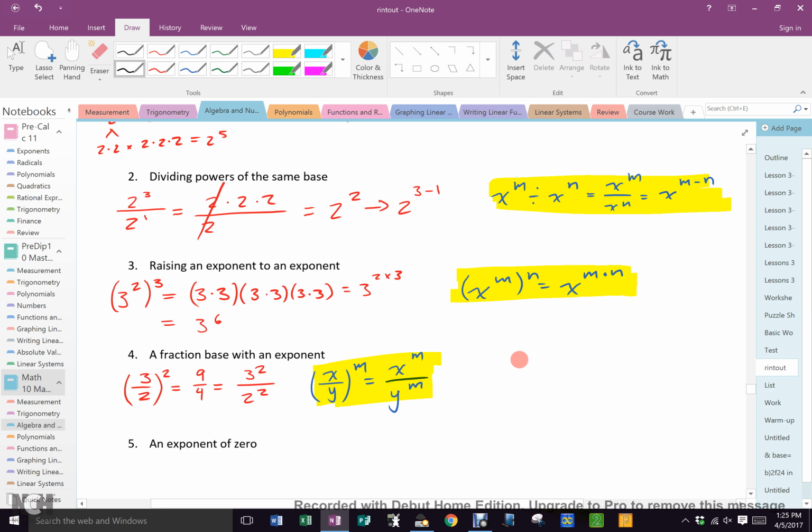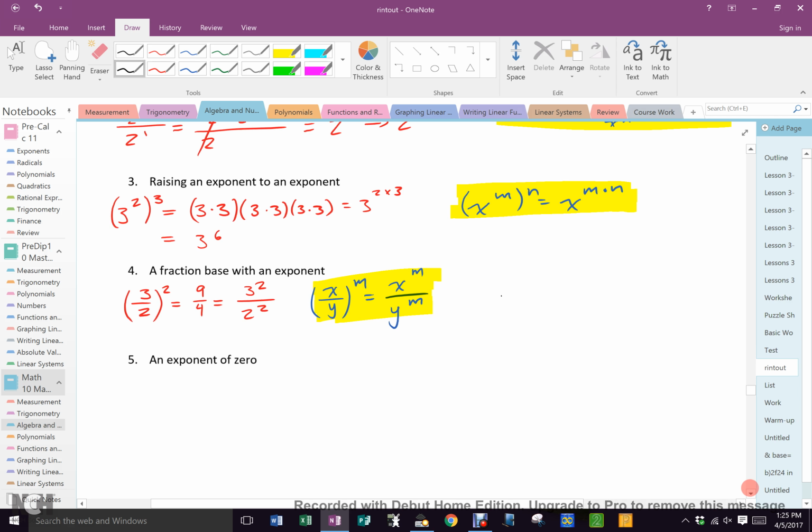What is 3 squared over 2? That's 9 over 2. Why? Because 3 is the only base. Okay? Everybody cool? All right.